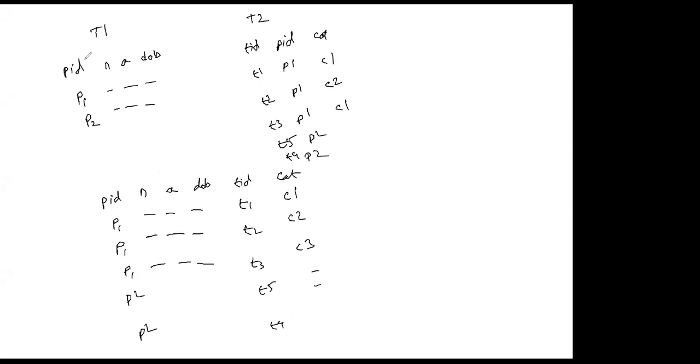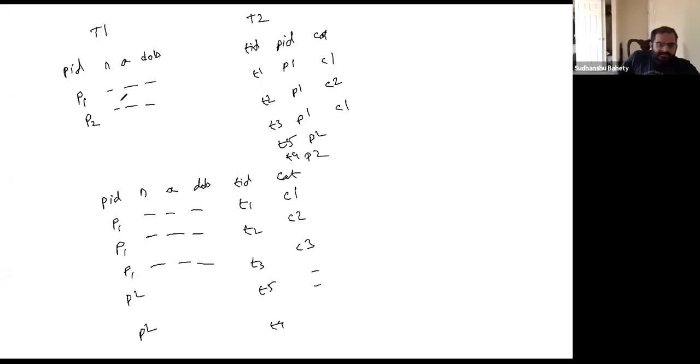Let's say that hypothetically this one also had a category column, with C1 and C2, something like that. When you do natural join, it will join only on P1 and C1, and this value won't be there.